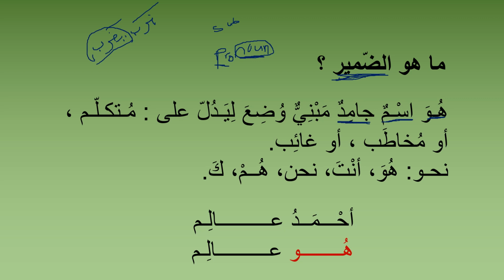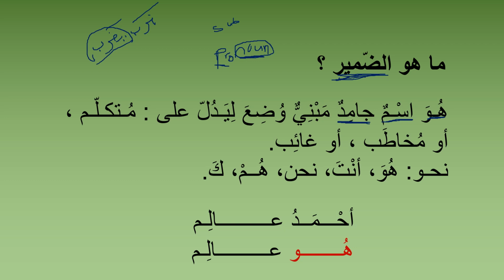So ismun jamid is a name, is a noun, jamid, that is rigid, that is inflexible. But in language, jamid means words that are not derived from another word. Is a name that is not derived from another word.